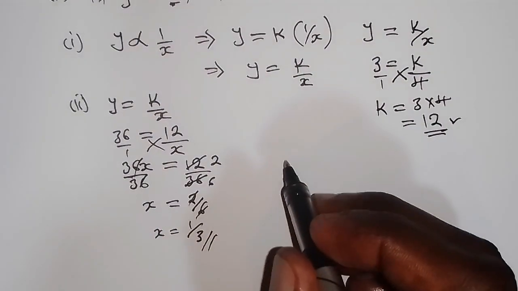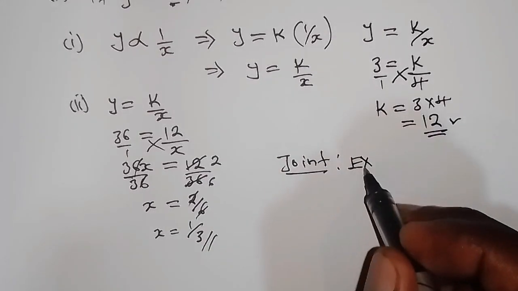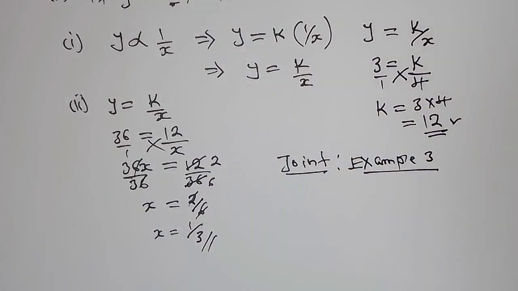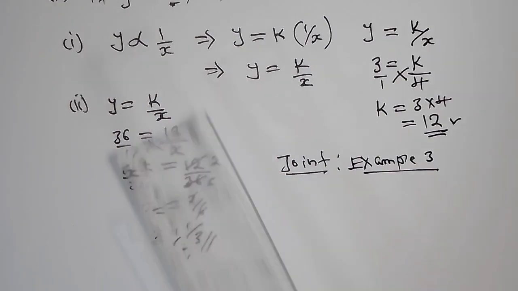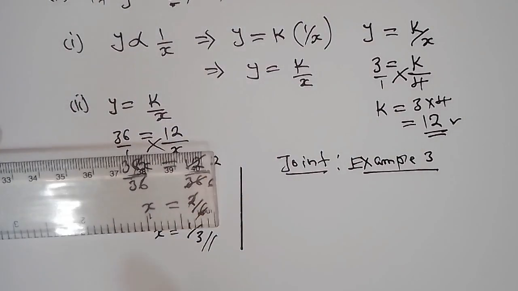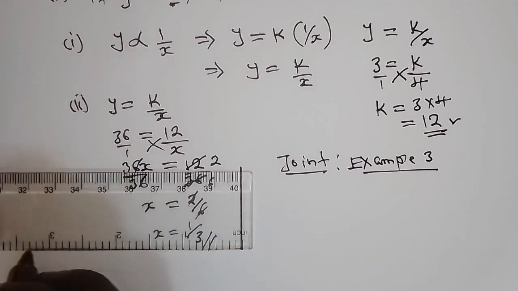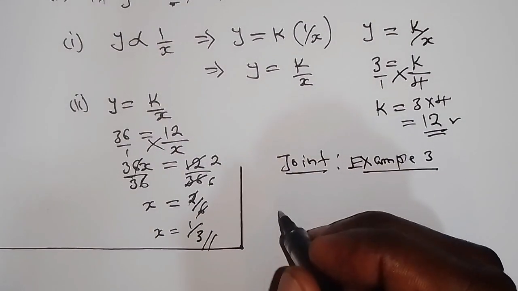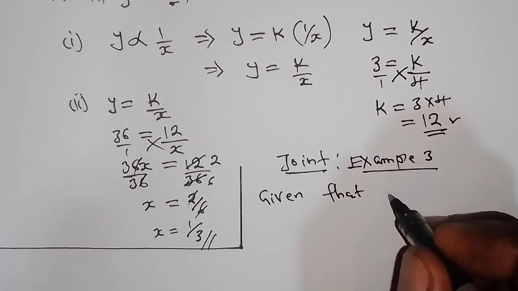So now we move on to the joint variation, example 3.